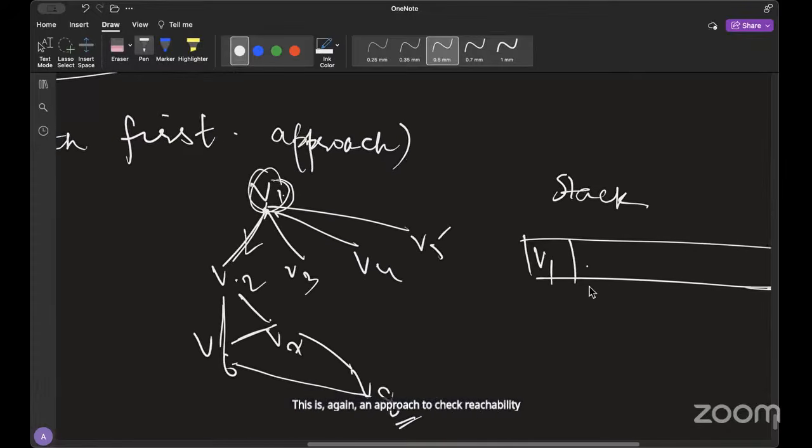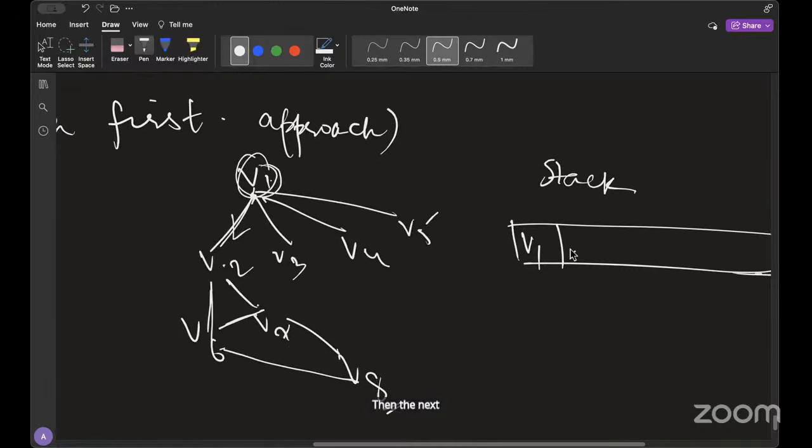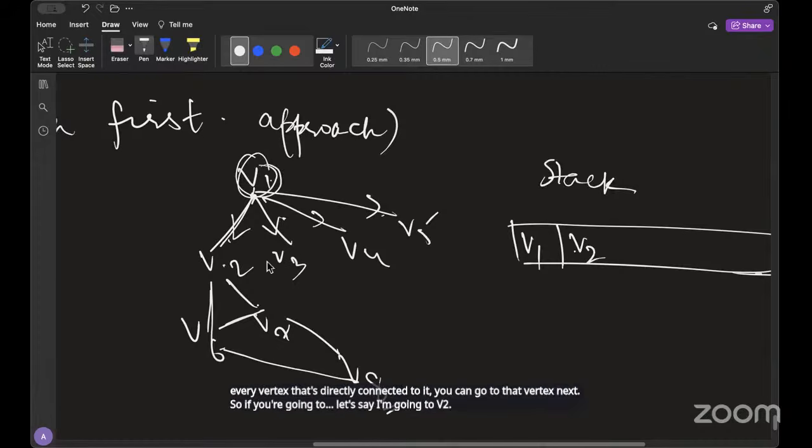From V1, you can go to V3 or you can go to V4, your choice. Every vertex that's directly connected to it, you can go to next. So if I'm going to V2, then instead of going to V3 as we did in breadth first search, we'll go in the depth of V2. So you can go to V7 or you can go to V6, right? Let's say you have this thing.